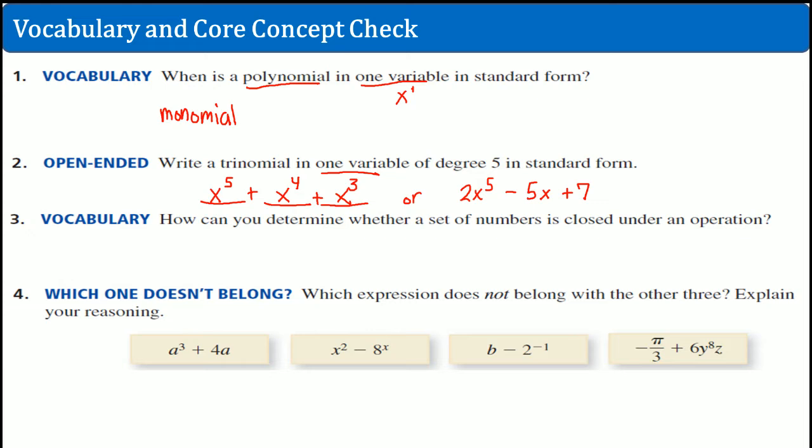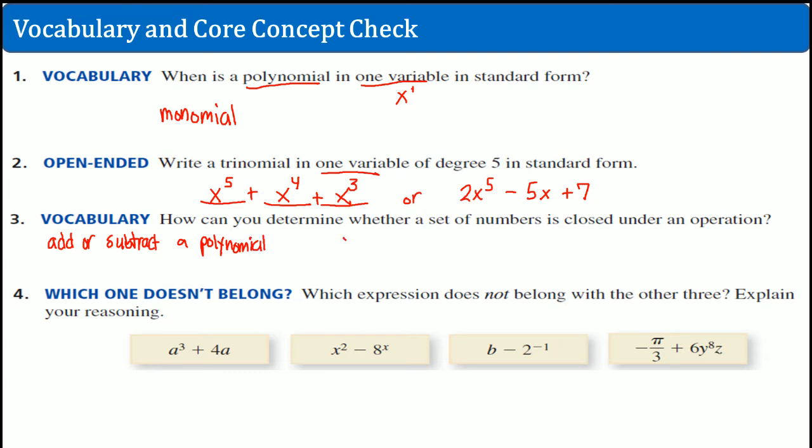Number 3, how can you determine whether a set of numbers is closed under an operation? Okay, what do we call that when it is closed under an operation? We call this closed under an operation when you add or subtract a polynomial and it is still a polynomial.